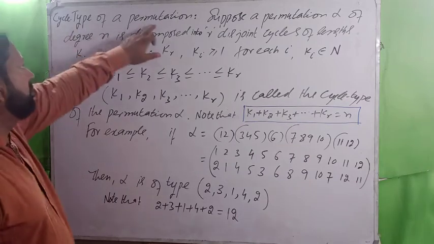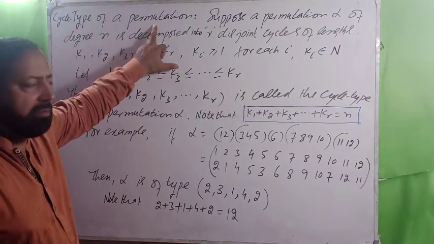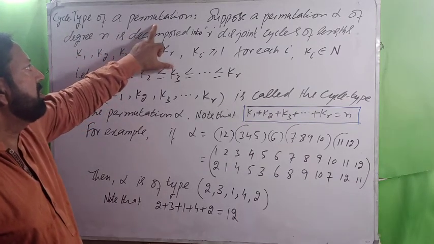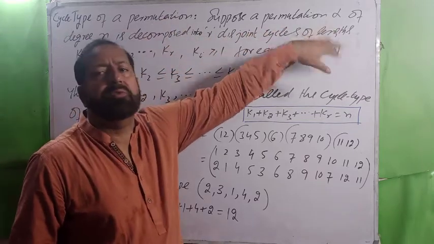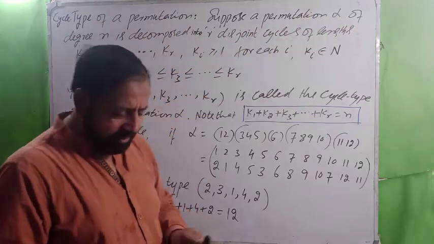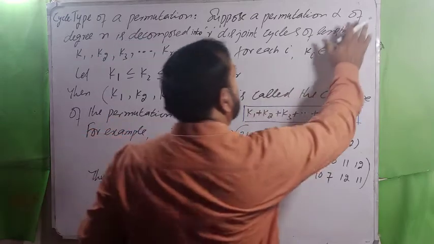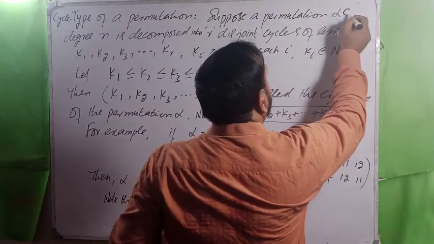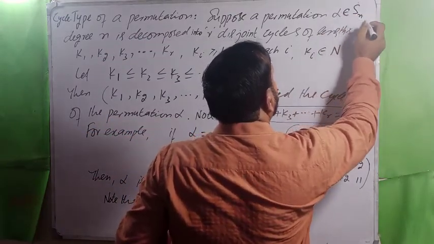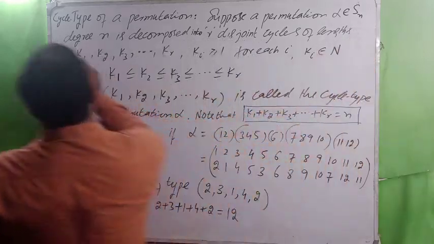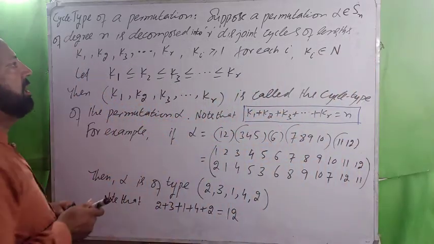Cycle type of a permutation. What is a cycle type of a permutation? Suppose a permutation alpha belongs to Sn, of degree n.